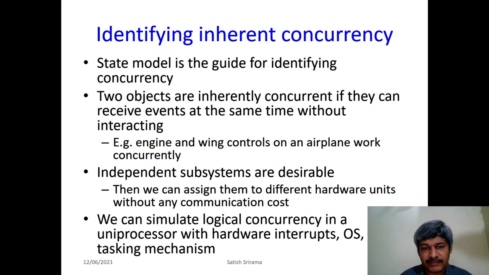In general, whenever you are designing a system, independent subsystems are designable. If you have independent subsystems, then we can assign them onto different hardware units without any communication cost. These individual subsystems can be running on different hardware units, working independently, and you don't need any communication between them.